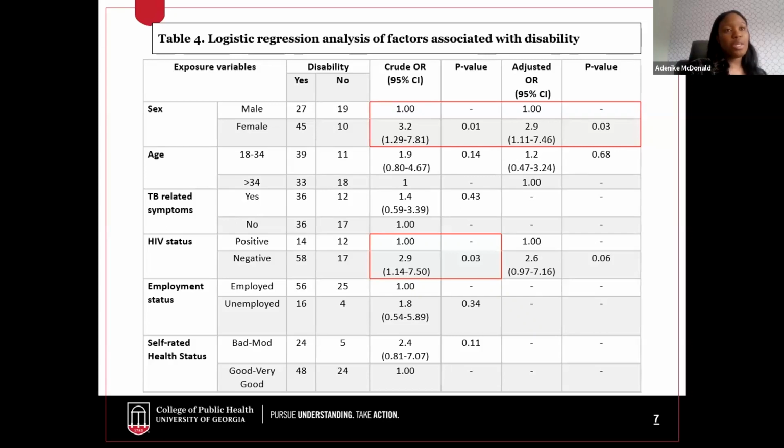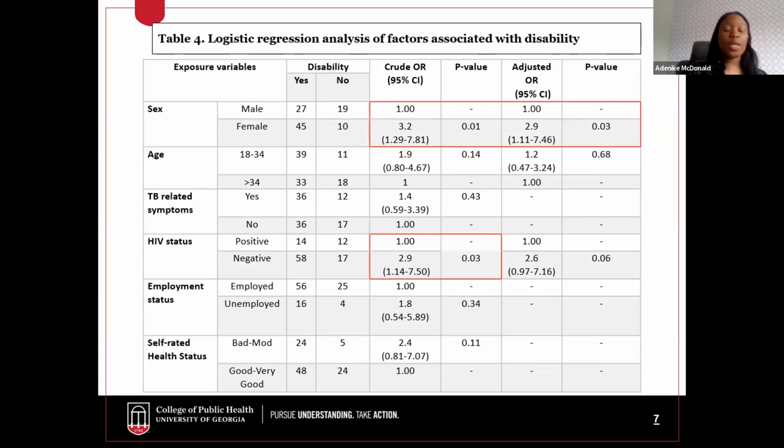And this could be attributed to one of 2 things. We did have a relatively small sample size, and only approximately 26% of our participants were HIV negative, but also given the fact that our study was based on tuberculosis and participants were aware of this, it could be a case where when they were answering the questions, if they were both HIV and TB co-infected and they had their HIV status prior to TB, they could be associating the similar symptoms and disability to their HIV status and not towards the TB status.